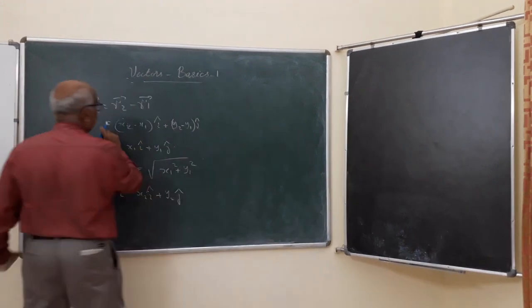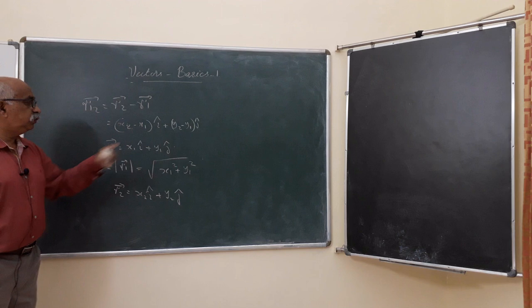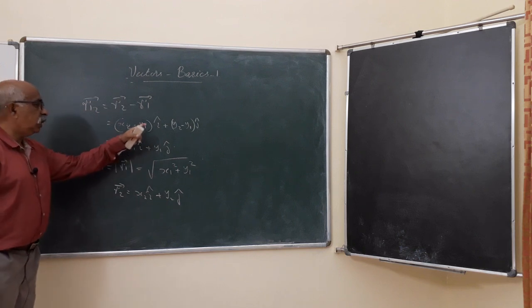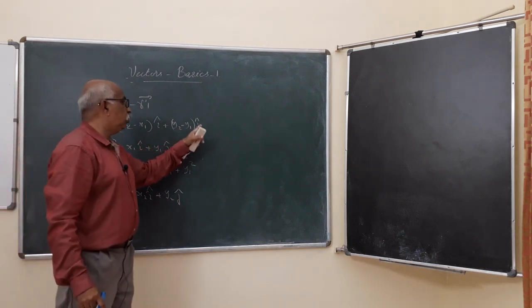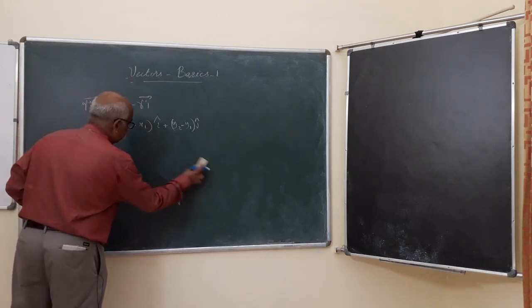This represents the displacement vector in terms of i, j unit vectors, x2 minus x1 i plus y2 minus y1 j.